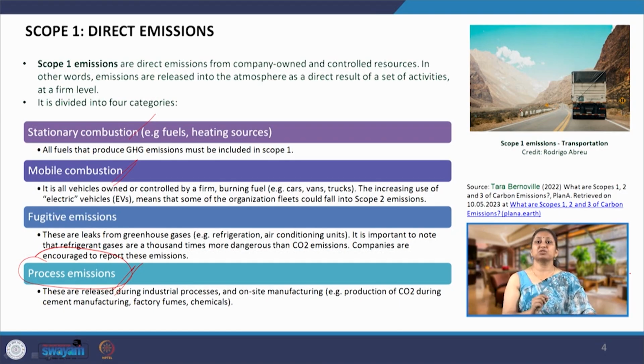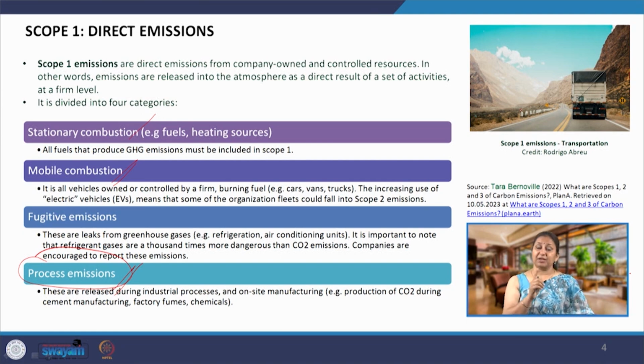Now, all the emissions which take place because of combustion of conventional fuel, it could be petrol, diesel, CNG, LPG, these are all coming under mobile combustion, and these are scope 1 emissions, direct emissions from the facility which is owned and directly controlled by the company.